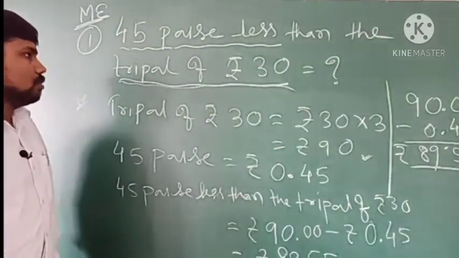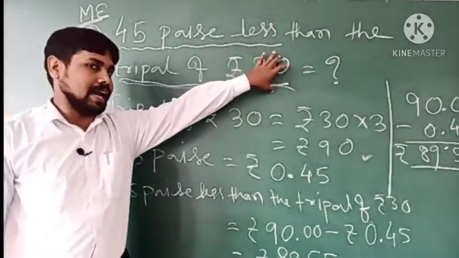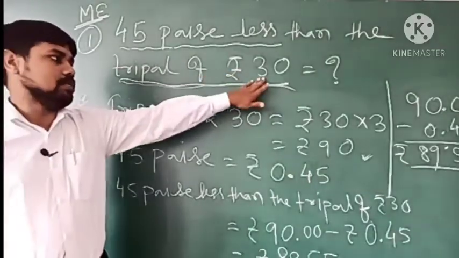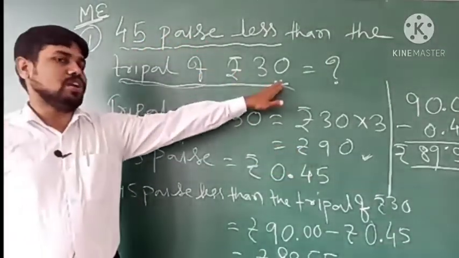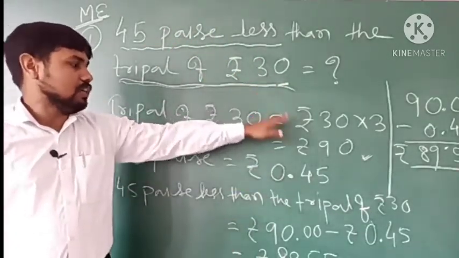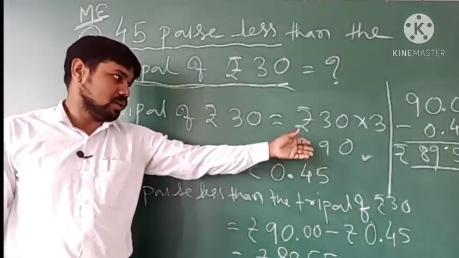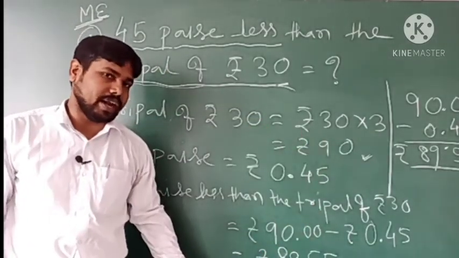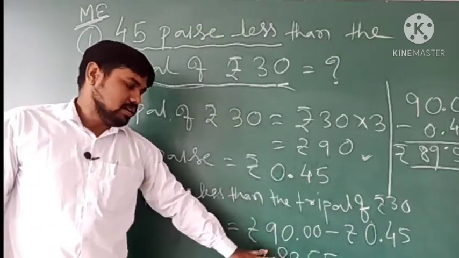Very simply, you need to understand that triple of 30 means 90 rupees and 45 paise less. If from 90 you subtract 45 paise, then it will be 89.55 only, right? So if you understand this, you can very easily subtract and find the result.